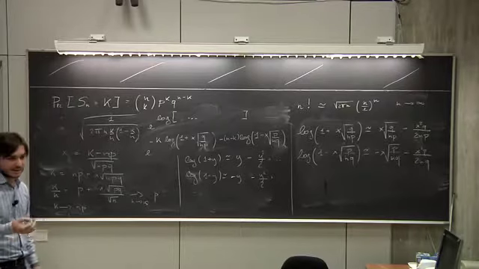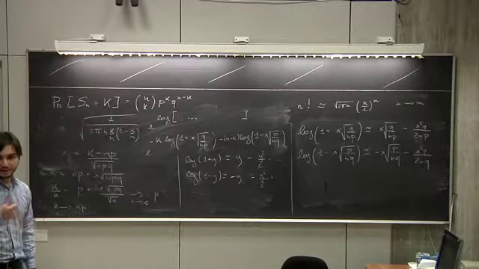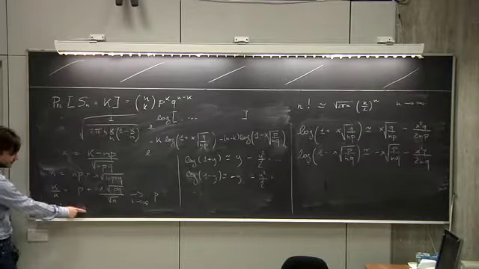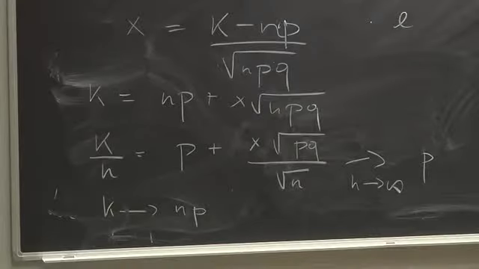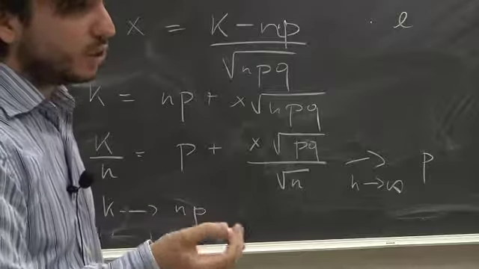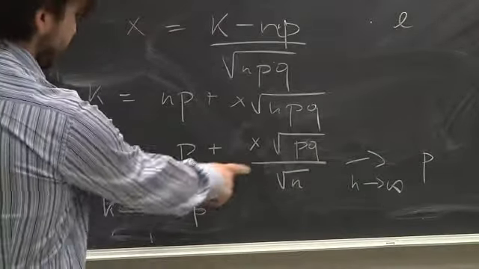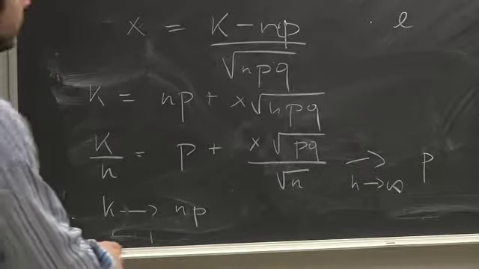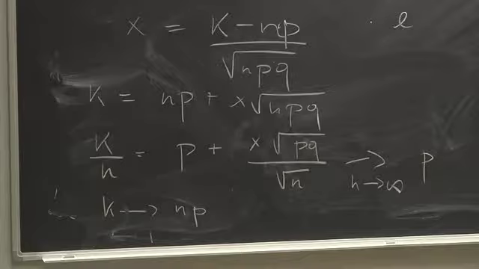How many successes, so how many heads, do you expect to get at the end? The number of trials divided by 2. This is the number of successes, right? At the end you will converge to the mean of the distribution. But you can see it very straightforwardly from this formula. So we're also going to replace k over n with p, because in the limit this holds true.